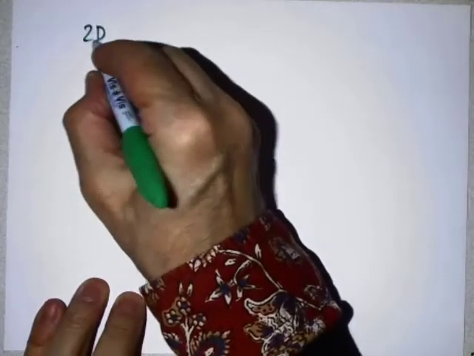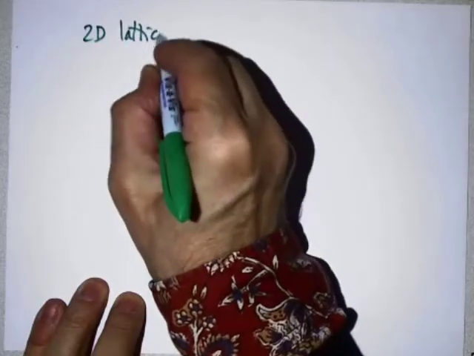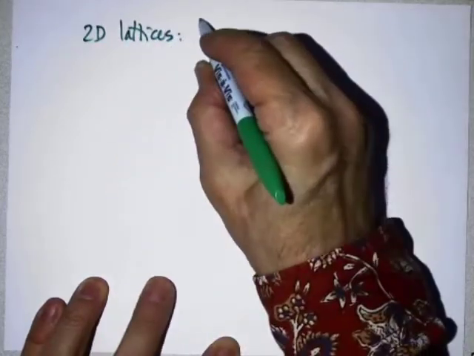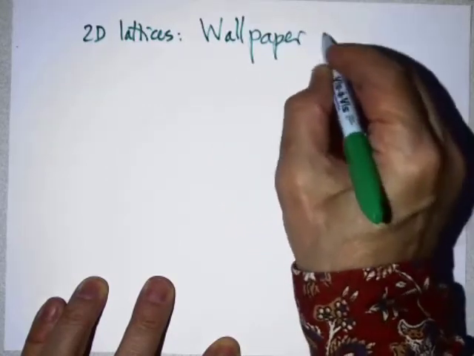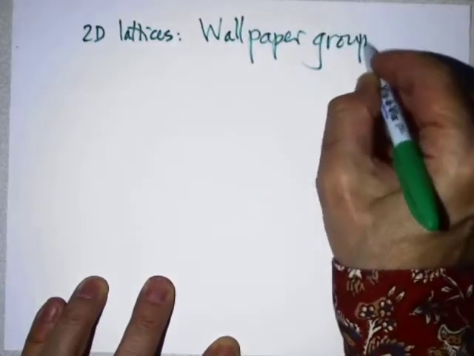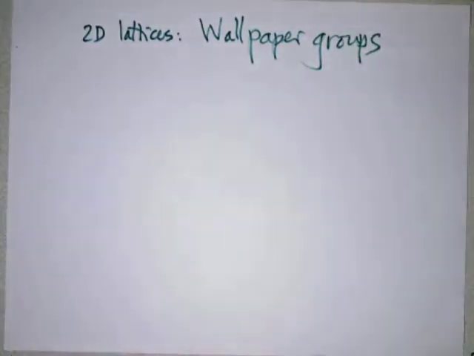In 2 dimensions, these motifs are called Wallpaper Groups. And you think of them as all possible kinds of wallpapers, which consist of little pieces with which you can cover the wall.